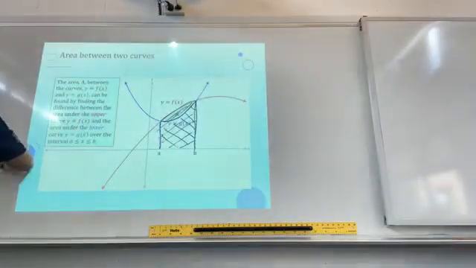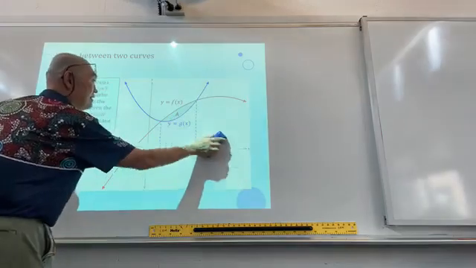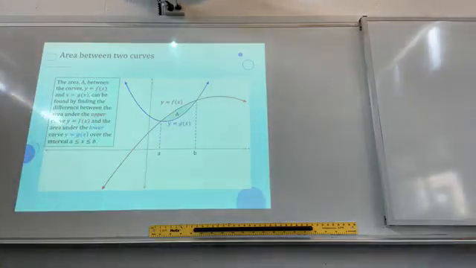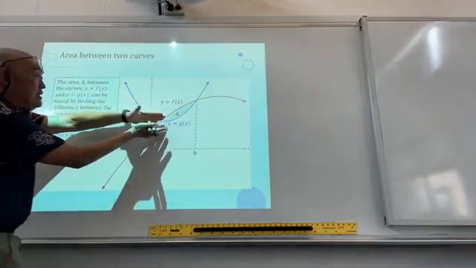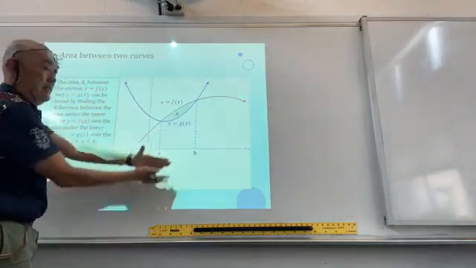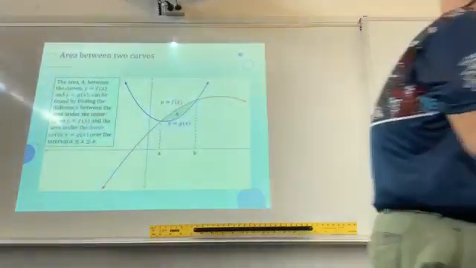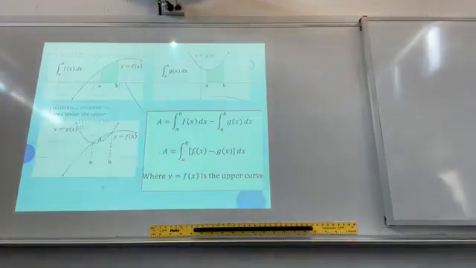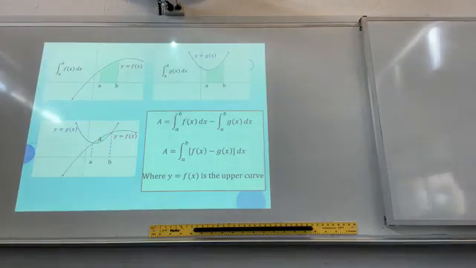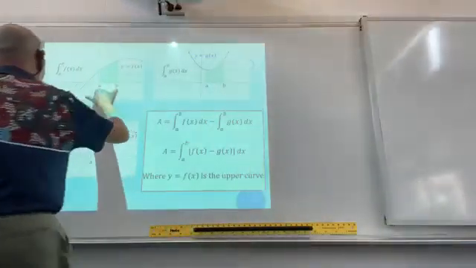Now, I need to prove to you that it is the same no matter whether this is translated up or translated down. Let's have a look at the first situation. If I do an integration of the upper area, you know that the bound is a to b.